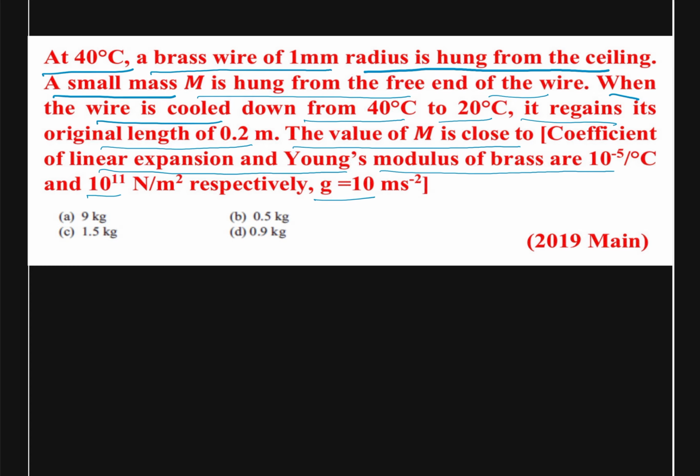Because of this decrease in temperature, there will be thermal contraction. Because of the mass, there will be elongation in the wire.